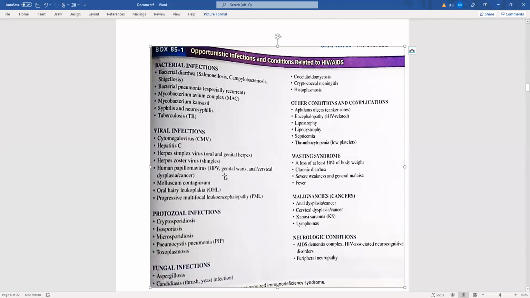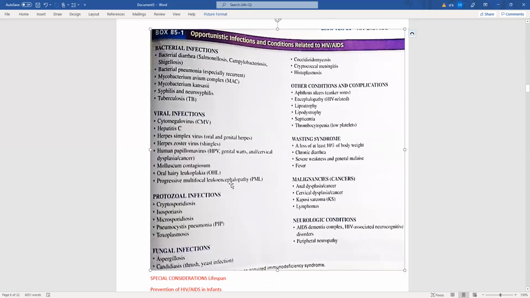Molluscum contagiosum. Oral hairy leukoplakia, which I think is the hairy tongue. And then progressive multifocal leukoencephalopathy, PML.